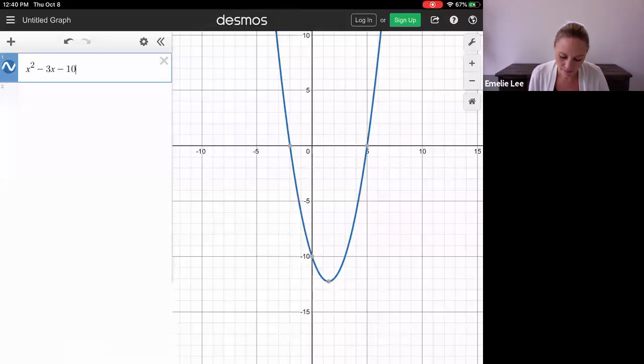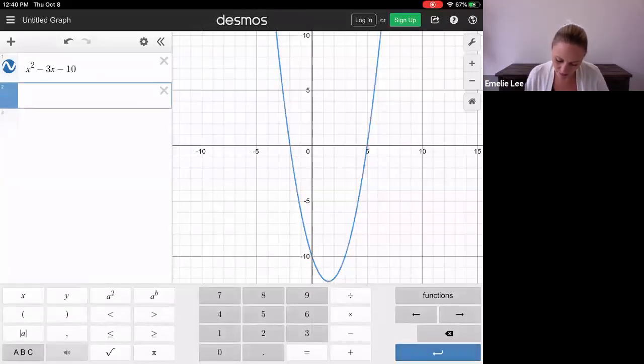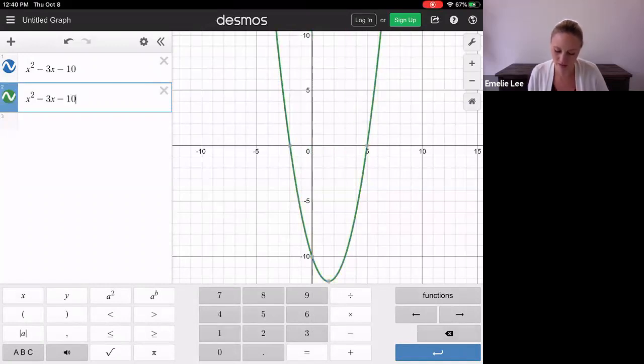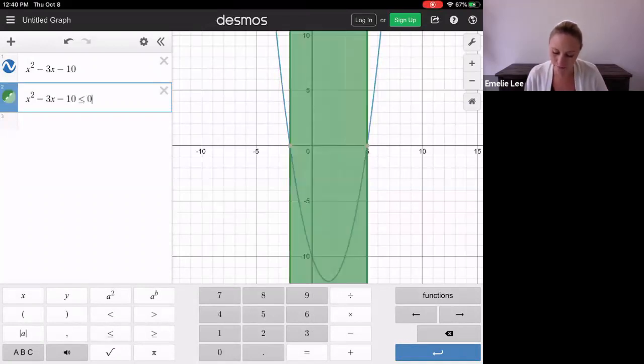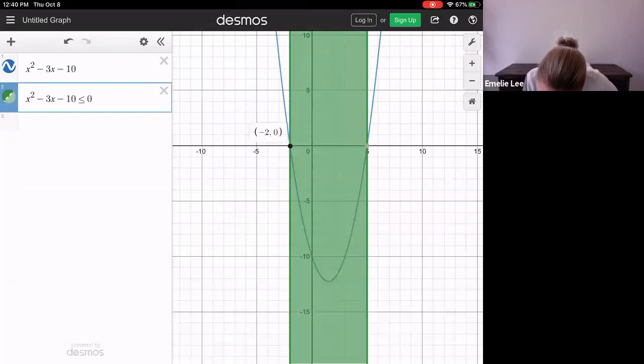So now, if I put that whole thing in there again, so x squared minus 3x minus 10, now I've got that exact same line, but now I'm going to use those inequality symbols, less than or equal to 0, right? It just shows where the solutions are. Okay, so this I'll just highlight is between -2 and 5.